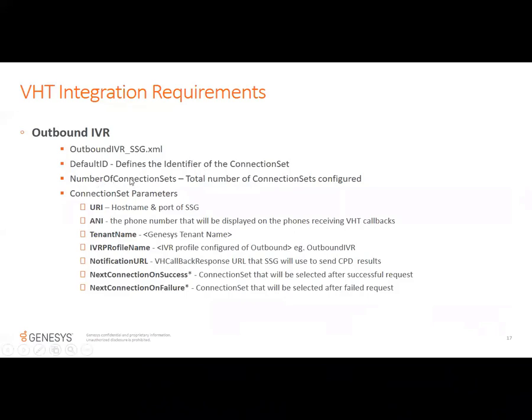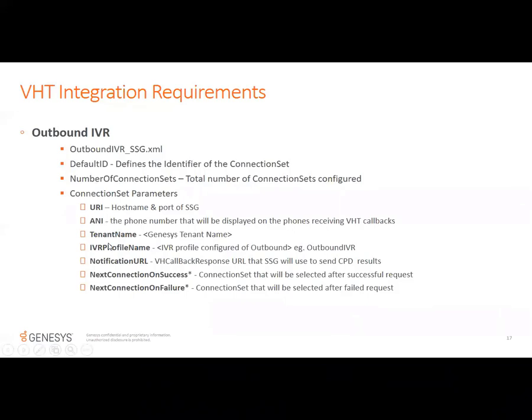The number of connection sets is the total number of connection sets that you've configured, and then the specific connection set parameters. That would be the URI, which is the host and port of SSG. The ANI, that's the number that you want to have displayed to the caller or to the customer when the callback is made. Maybe you want to have that as your 1-800 number for your business.